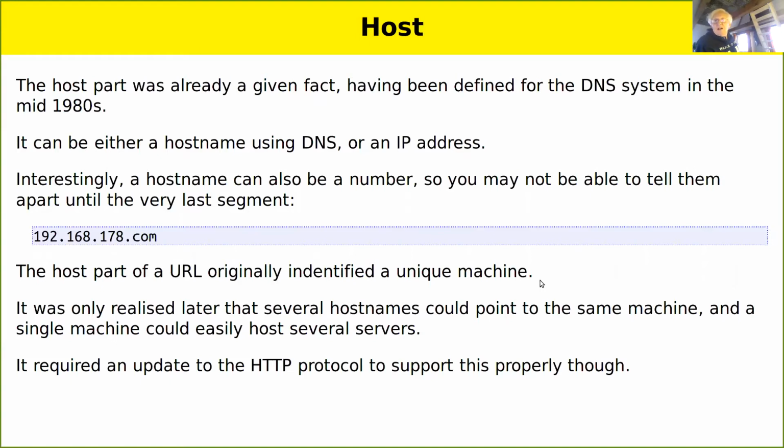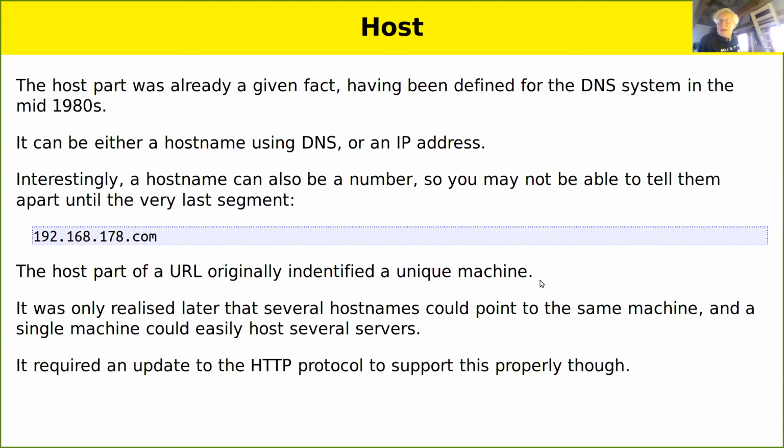Originally, in the original web, the host part identified a unique machine. And machines weren't very powerful in those days. You probably needed a unique machine if you're going to run a web server. It was only realized later that several host names could point to the same machine, and that a single machine could easily host several servers.